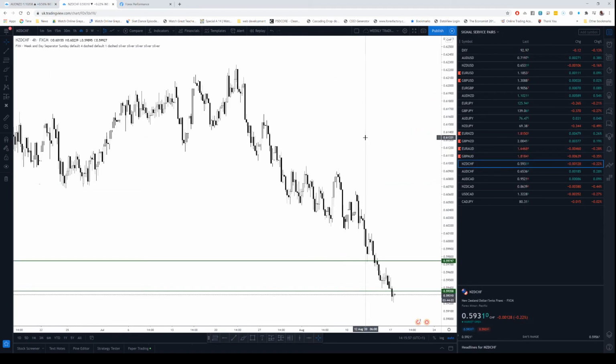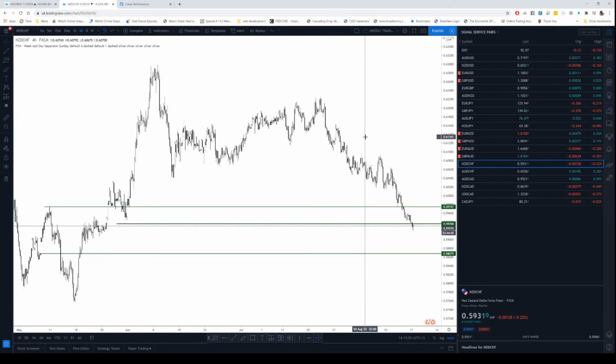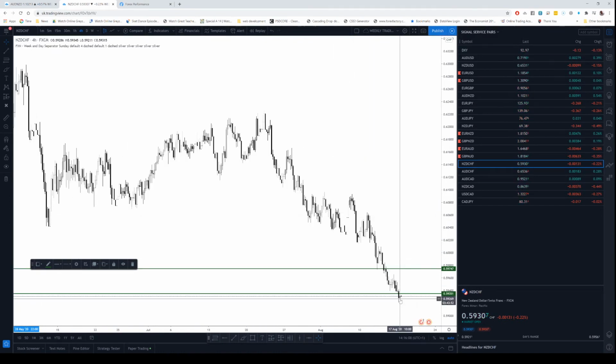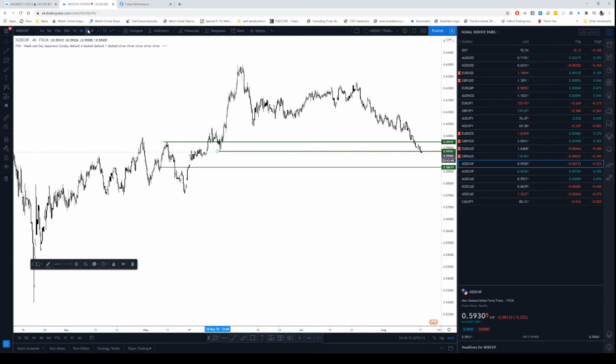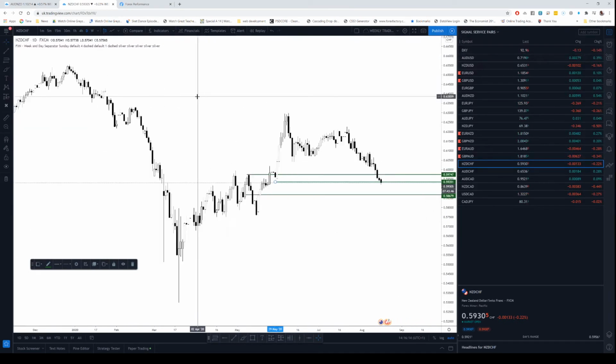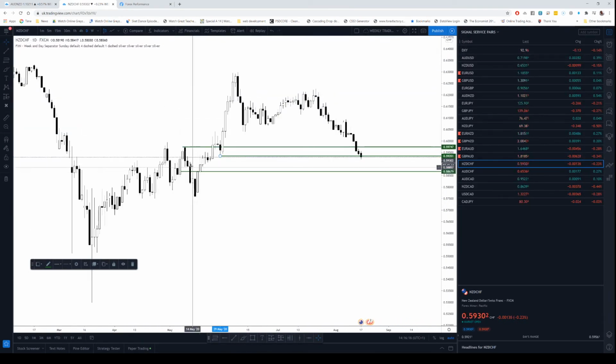New Zealand Swiss, we have just run this low as I was waiting for, and then let's see if price is going to go for some form of a retracement. We are trading inside a weekly level that I mentioned last week in the portal.